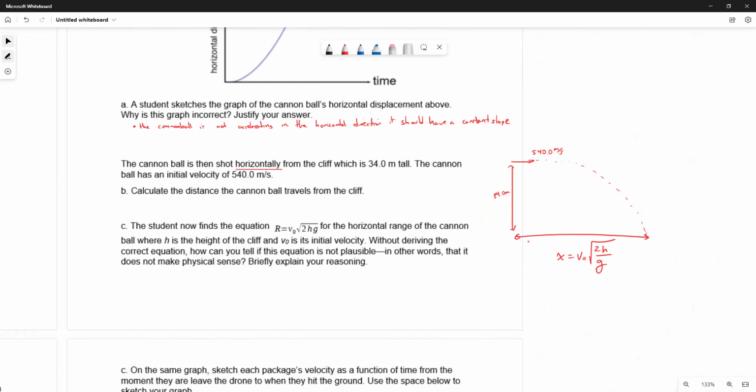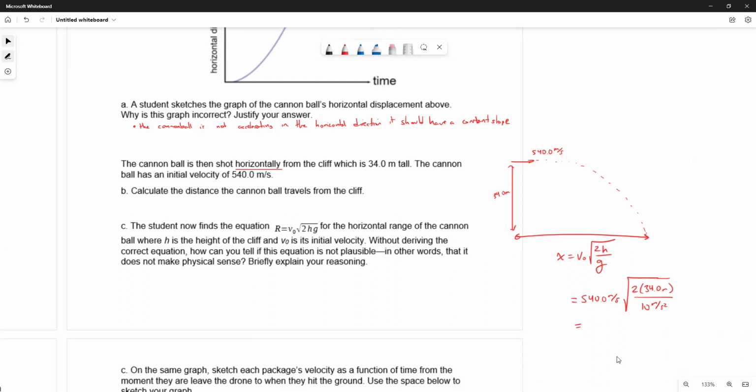H is our 34 meters, v is our 540 meters per second, and g we can just say is 10. So we can calculate our value as 540 meters per second times the square root of 2 times 34 meters over 10 meters per second squared. Then we can calculate whatever that value is.